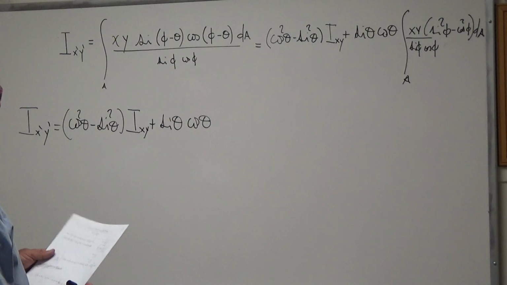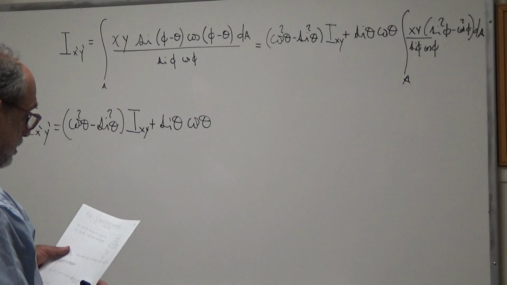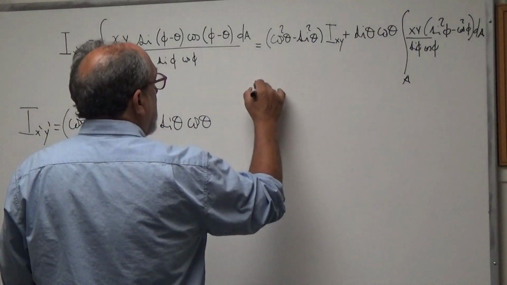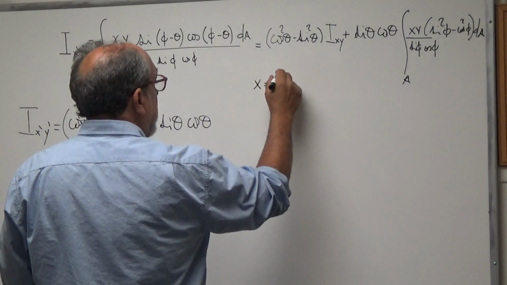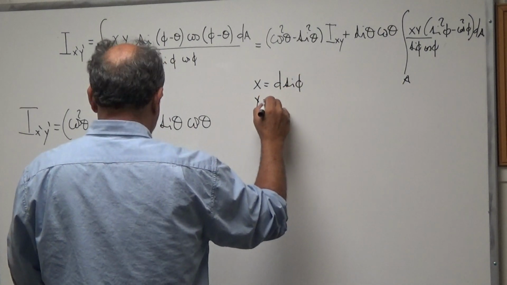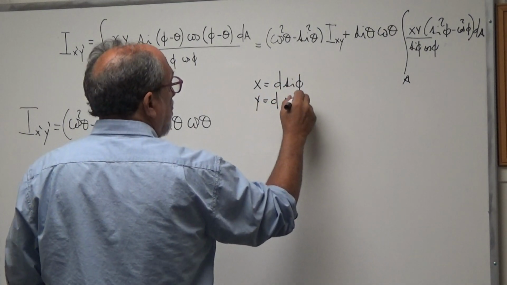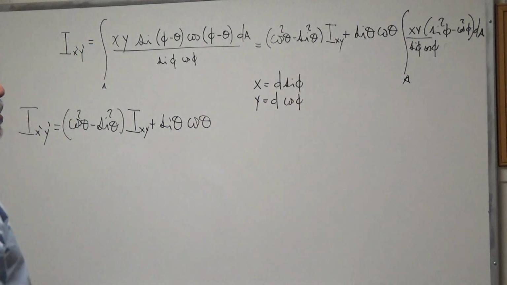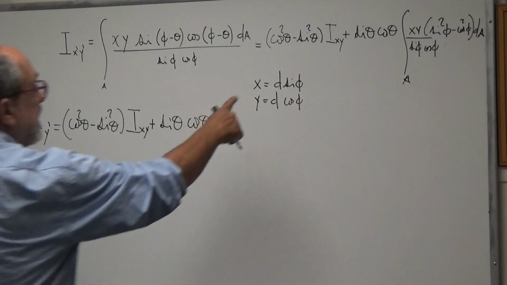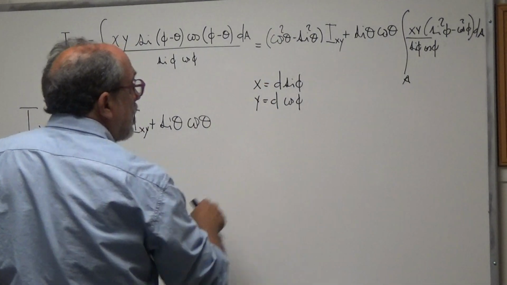Now we have from before the fact that x is equal to d times the sine of phi and y is equal to d times the cosine of phi. You can go back and check on the drawing, right? That was part of the stuff that we did at the very original, and d is the distance from the point to the origin, right?